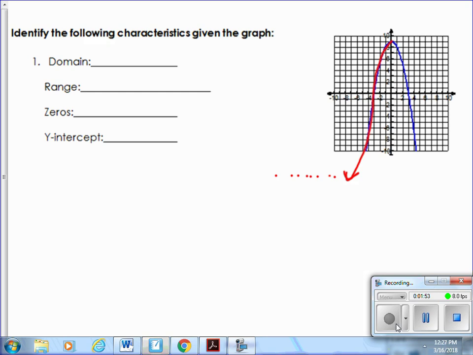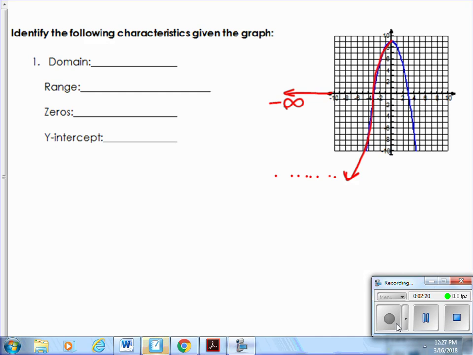So if it never stops, then we say that this graph goes out to the left, going to negative infinity. And I'm sure you remember from other classes that negative infinity just means that it goes into the negative numbers and there's no specific number where it stops. Infinity is not a number, it just means the numbers keep going forever and ever and ever.